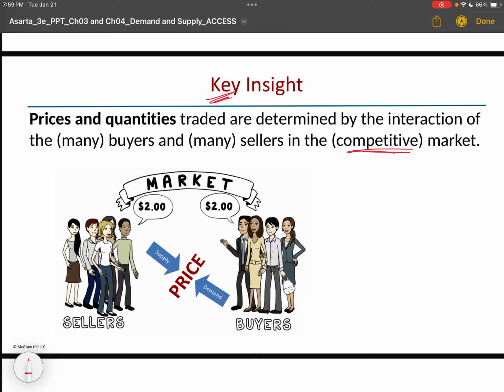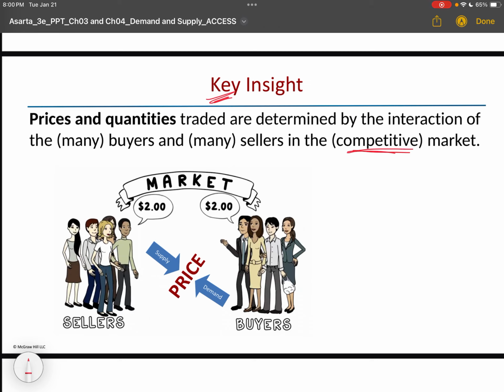That one seller cannot set the price. One buyer cannot set the price. Many buyers and many sellers under both demand and supply. So many buyers under demand, many sellers under supply interact, and those pressures determine the price in a competitive market.